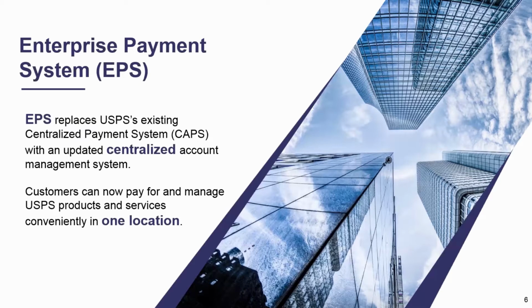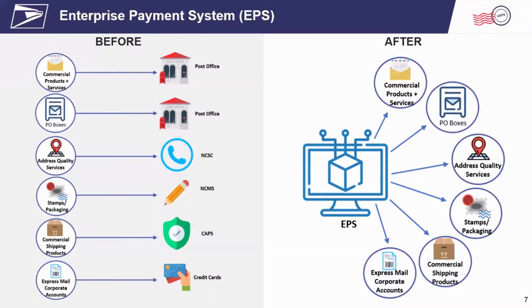Mailers using CAPS that haven't already moved eligible products and services over to EPS are encouraged to migrate as soon as possible. CAPS is scheduled to be sunset April 2019, emphasizing that's for current products and services that are supported by EPS. So this is the before and after. On the left-hand side of the screen, you'll see what CAPS currently looks like.